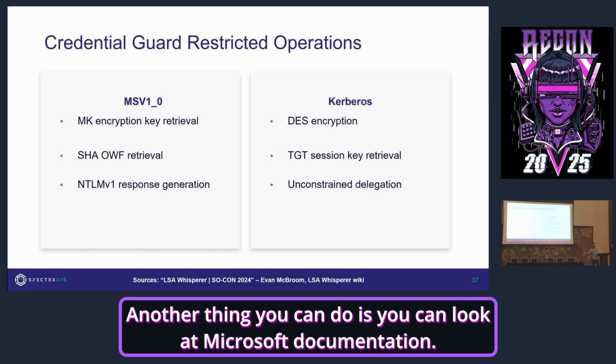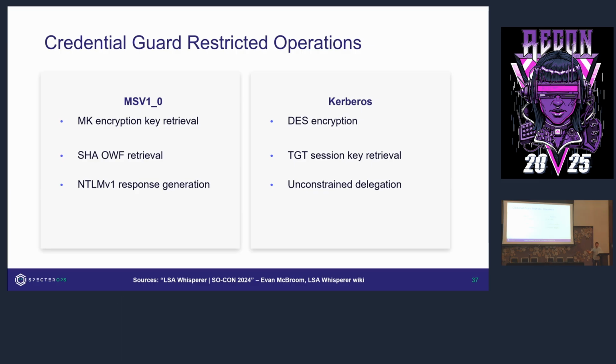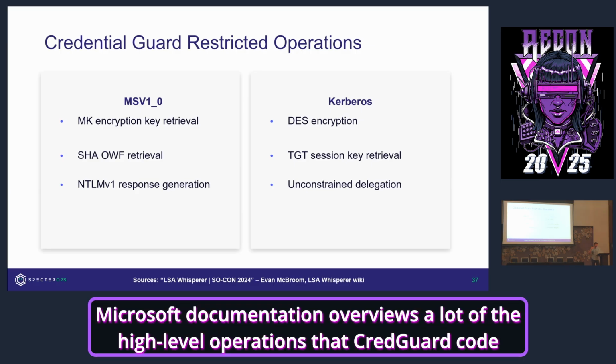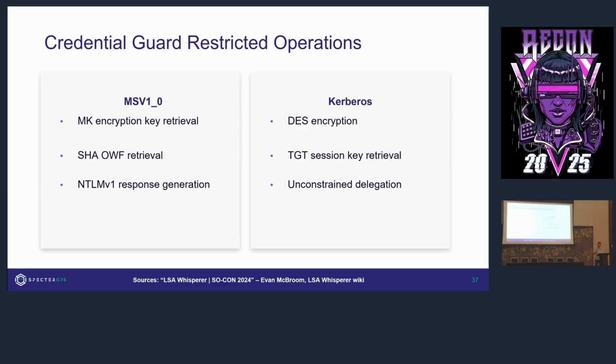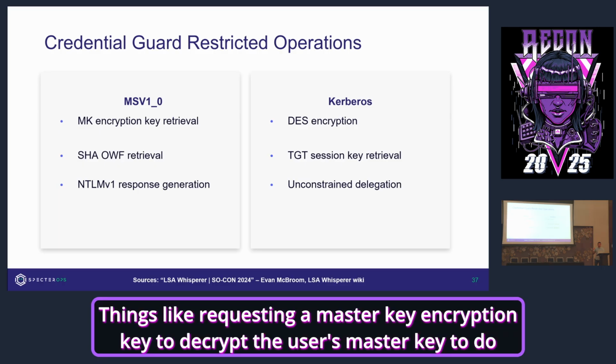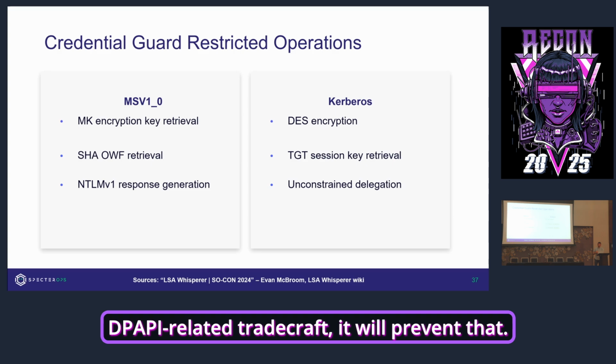Another thing you can do is look at Microsoft documentation. Microsoft documentation overviews a lot of the high-level operations that CredGuard code will attempt to prevent. Things like requesting a master key encryption key to decrypt a user's master key to do DPAPI-related tradecraft. It will prevent that.